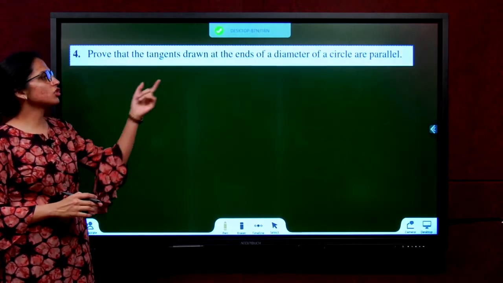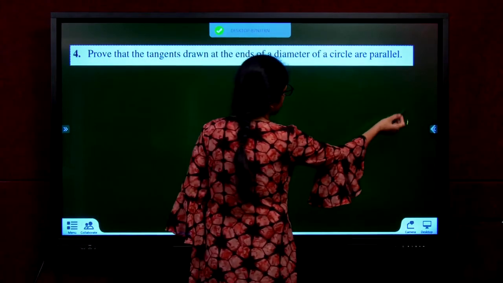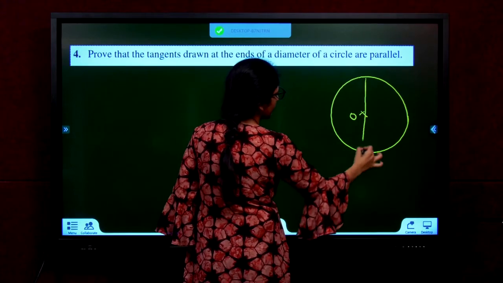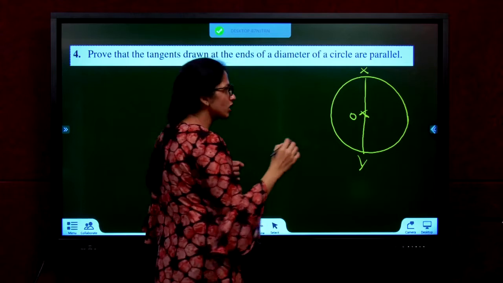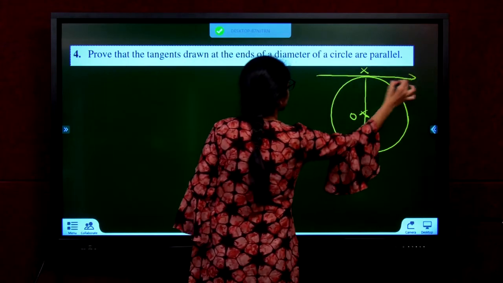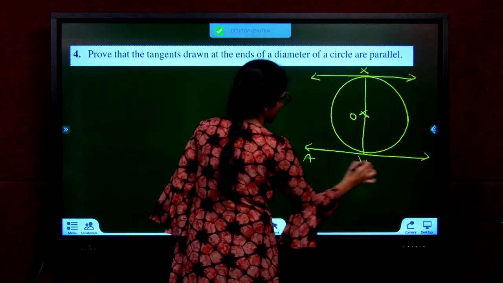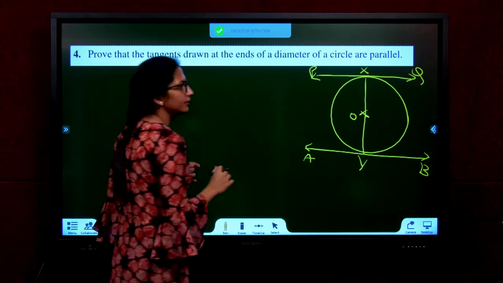Prove that the tangents drawn at the ends of a diameter of a circle are parallel. So you have a circle of center O. Consider a diameter. Let us say this diameter is XY. Tangents drawn at X and Y. Let's call these AB and PQ. They are parallel.